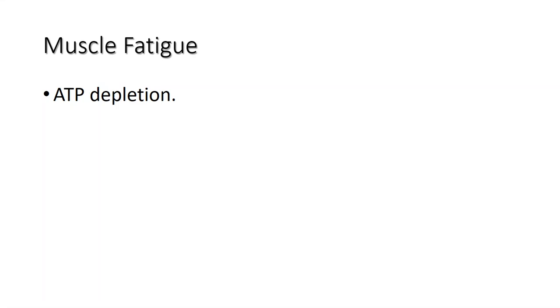ATP is needed for normal muscle contraction, and as ATP reserves are reduced, muscle function may decline. This may be more of a factor in brief, intense muscle output rather than sustained lower intensity efforts.